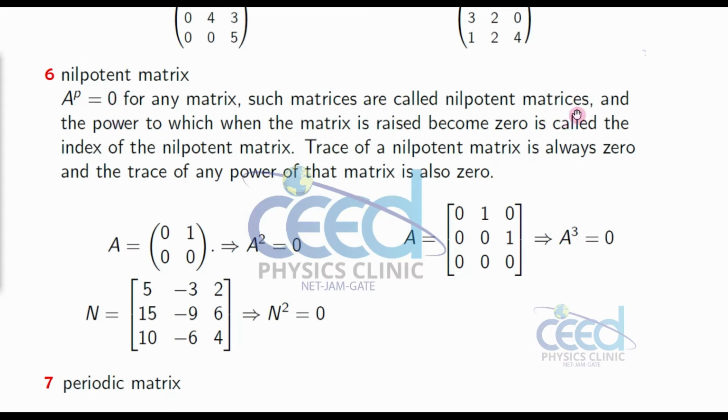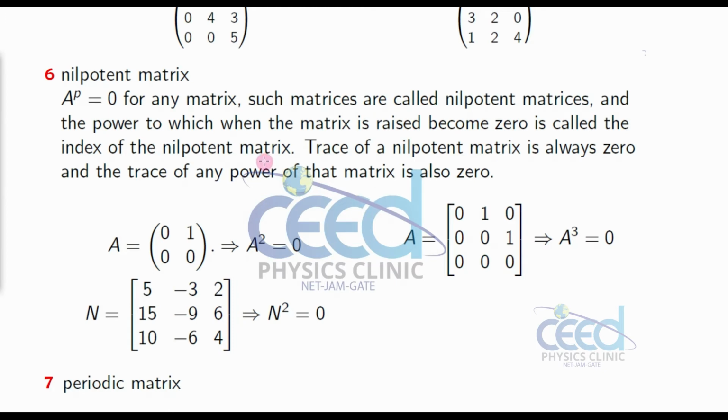And the particular power p value for which A raised to p is equal to 0, that p we call the index of the nilpotent matrix.